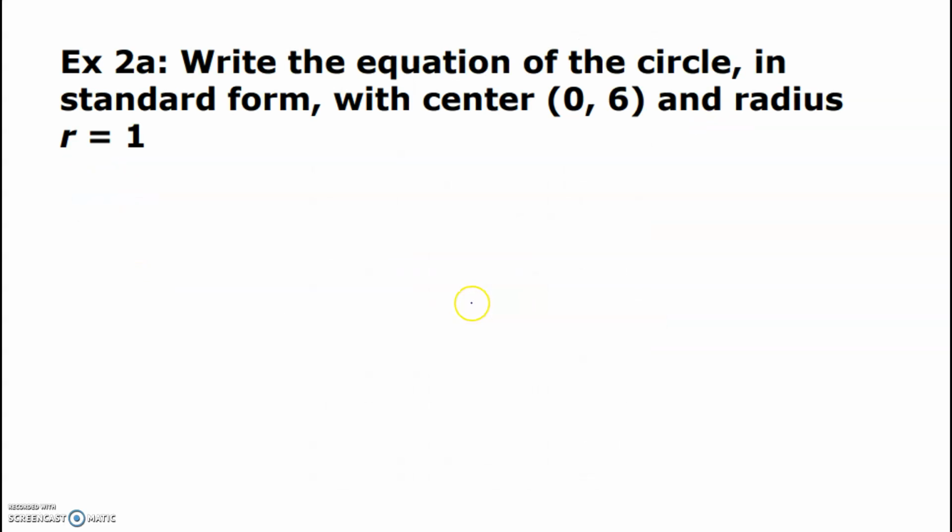Okay? And then we should also be able to write the equation of the circle. So my advice when you're writing the equation is to start off kind of like Pythagorean theorem. A squared plus B squared equals C squared. Because a lot of times what I notice students forget is the squares, right?